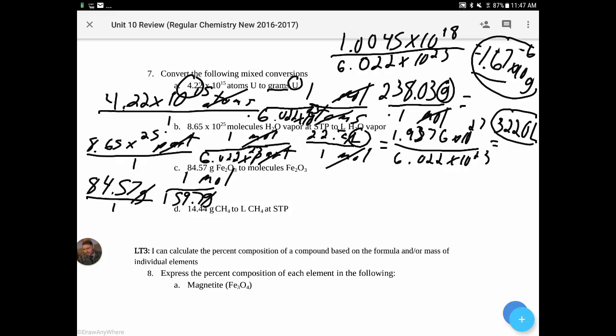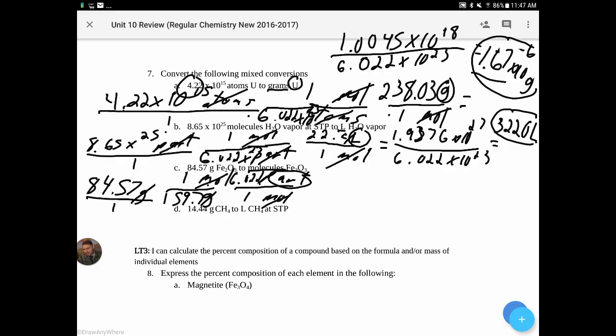Grams cancels out. We're left with moles, which is not where we want to be. We want to be at molecules, so we need another conversion factor. Moles on bottom, particles on top. 1 next to mole, and 6.022 times 10 to the 23rd. Moles cancels out. We're left with particles, which is where we want to be.